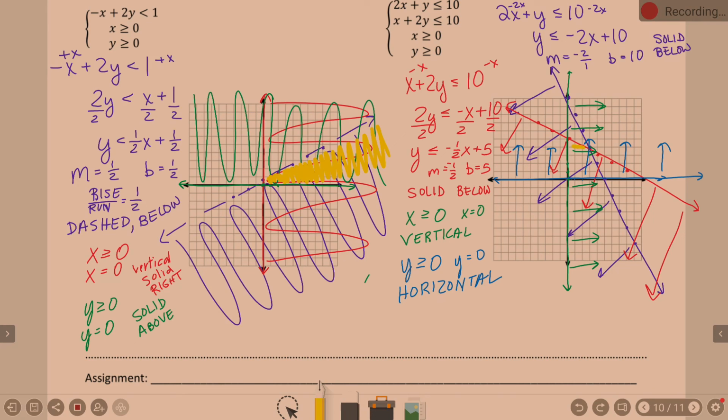Yeah, this is getting too crazy. Might be something to be said for just shading at the end. And I need one more color. Try blue. I like it.